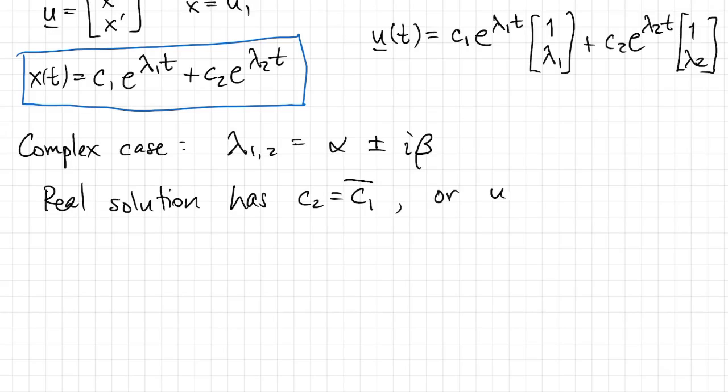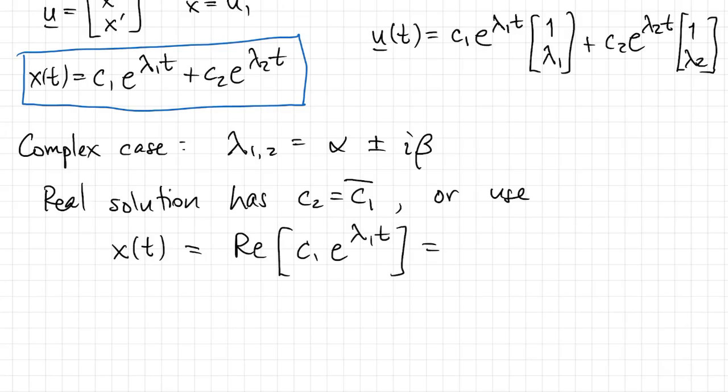And then if you're adding something to its conjugate, you're really taking the real part. I'm going to absorb the factor of 2 into the constant. So we could just take the real part of c1 e to the lambda 1t, and e to the alpha t is real, so that can come through. So that's one form of writing the general solution.